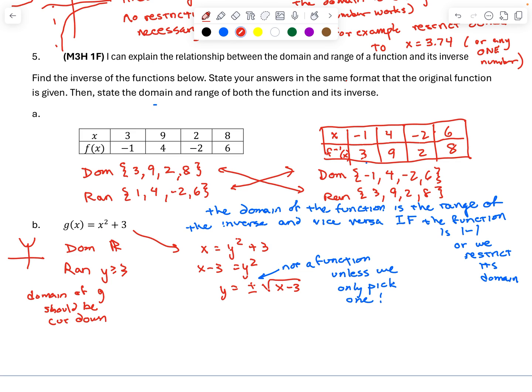So let's pick one. We'll say G inverse is just the positive square root of x minus 3.